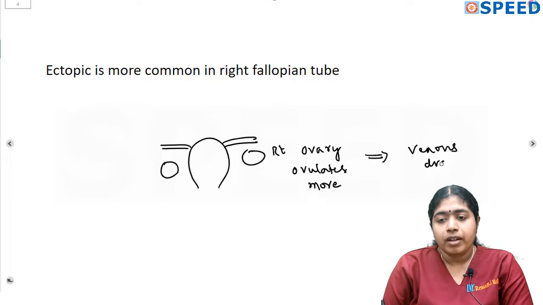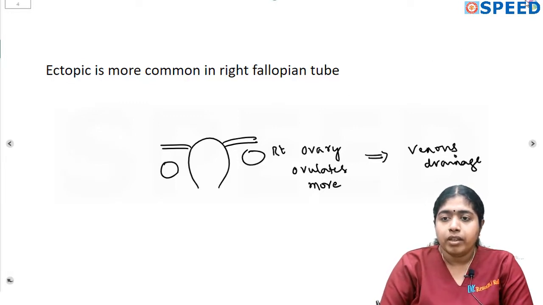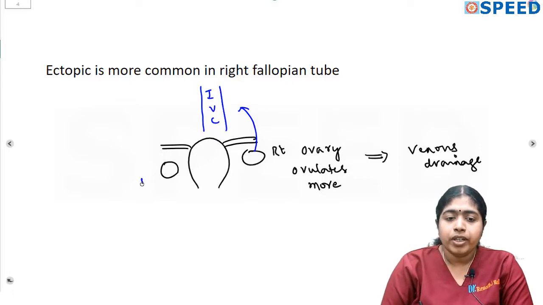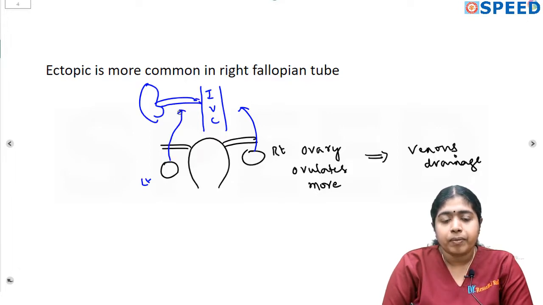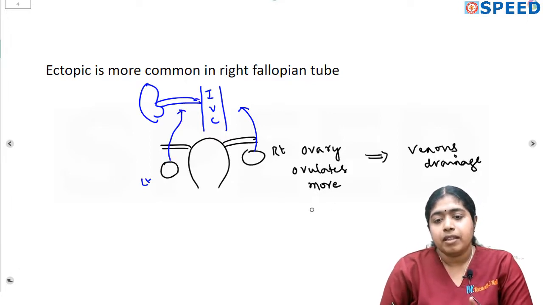So we all know, where does the right ovarian vein drain into? The right ovarian vein directly drains into the IVC. Now this is a bigger vessel. But where does the left ovary drain into? The left ovary drains into the left renal vein. Okay, so that means there is better drainage into a bigger vessel.